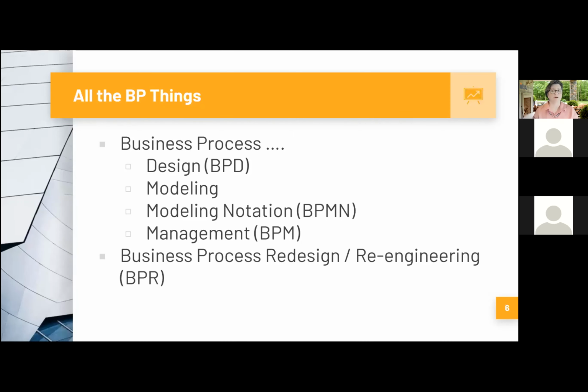And to that point, BPMN, business process modeling notation, is a very specific syntax or methodology used for modeling those processes. And then business process management are incremental modifications over time to your existing processes to improve the outcome or their efficiency. And then finally, we have the big mama, the business process re-engineering.